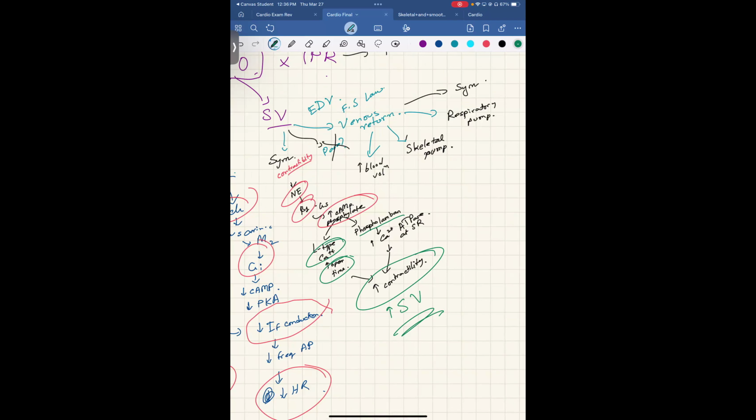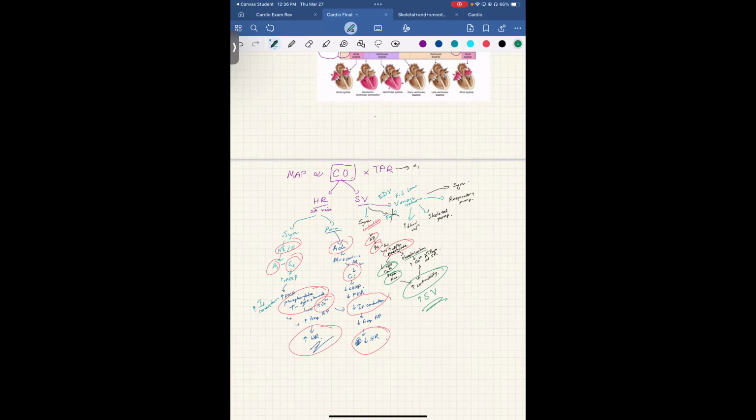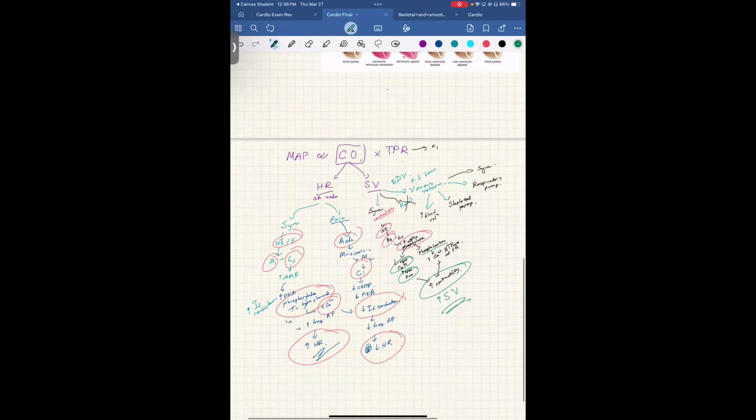The myocardial cells are not affected by parasympathetic. They're affected by sympathetic. Okay.